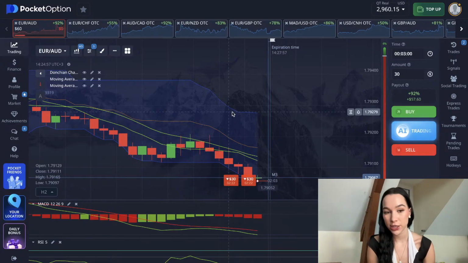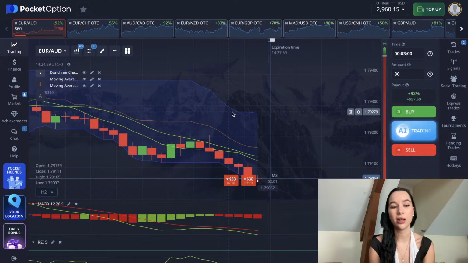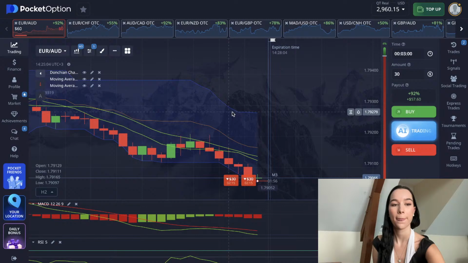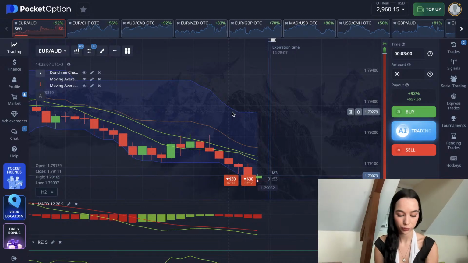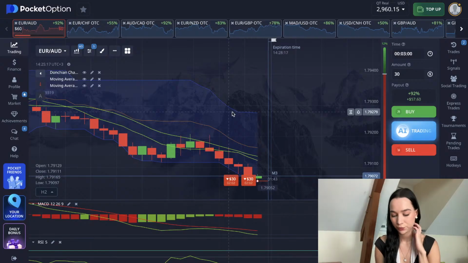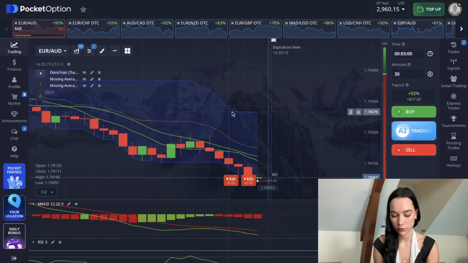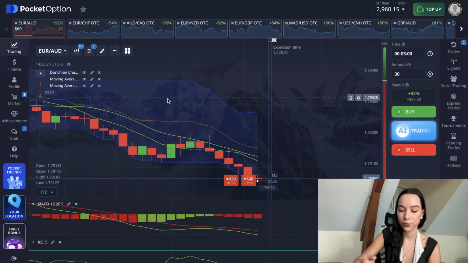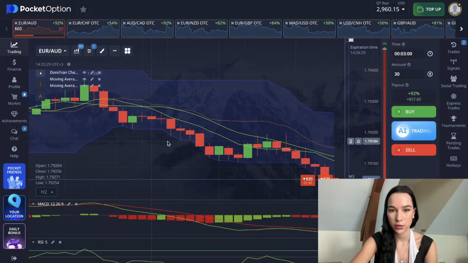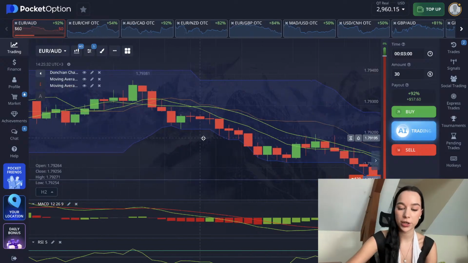So what is the interpretation? That it could be a strong reversal signal at key levels. I will also show you that right now. So first of all, the bullish engulfing pattern.